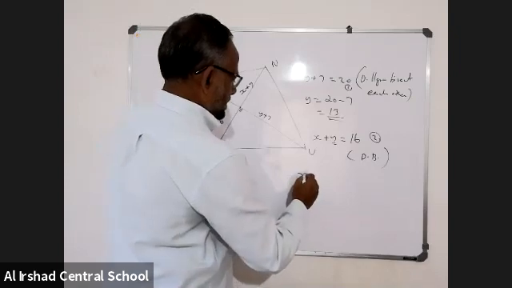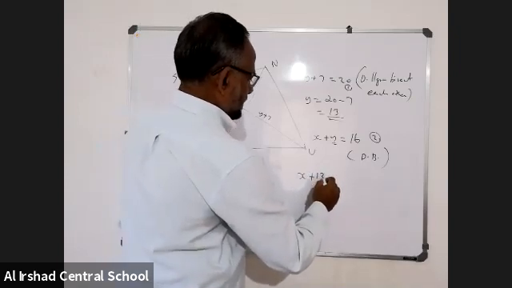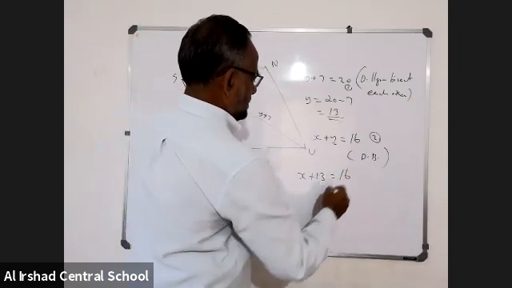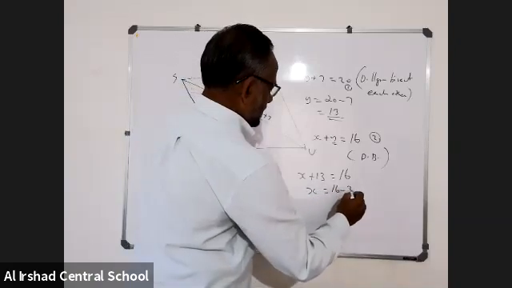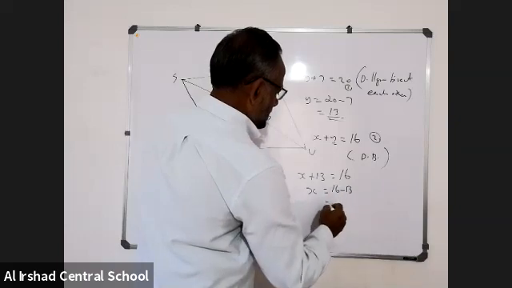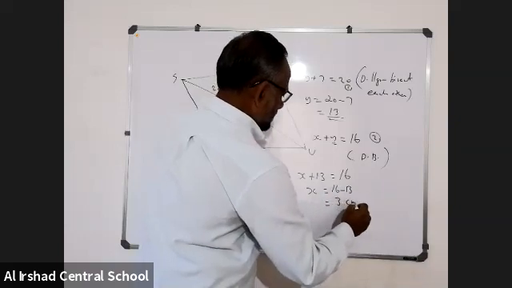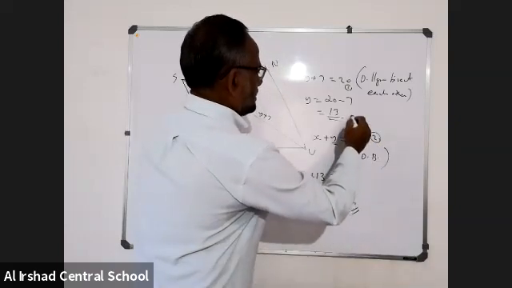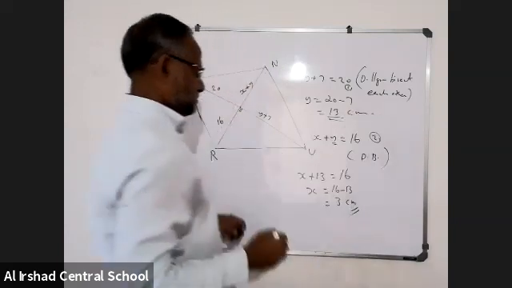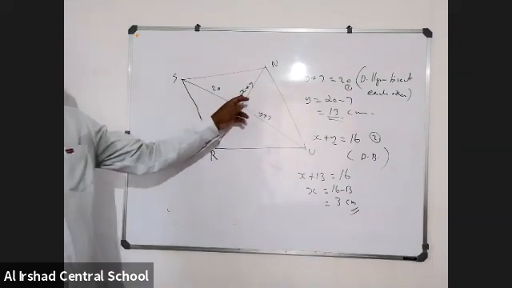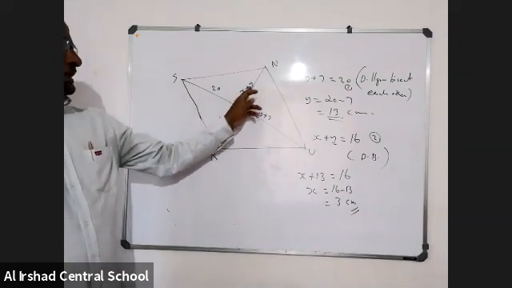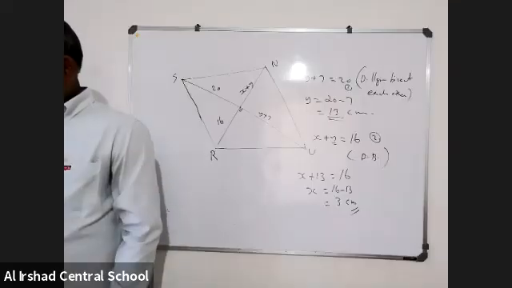That means X plus 13 is equal to 16. So X is equal to 16 minus 13, that is 3 centimeter, Y is 13 centimeter. 13 plus 3, then 13 plus 7, 20. Now it is correct.